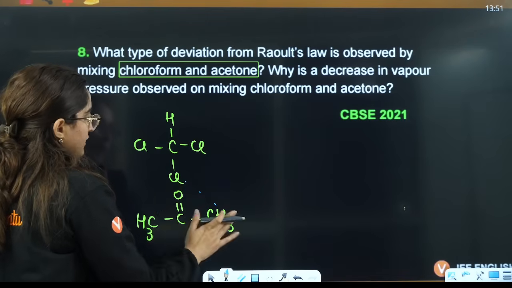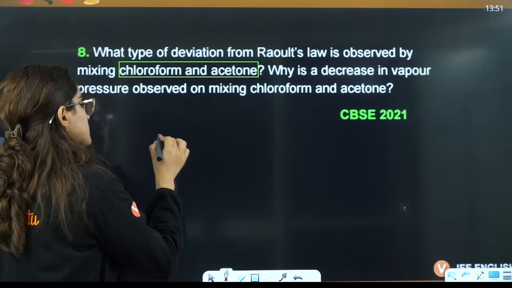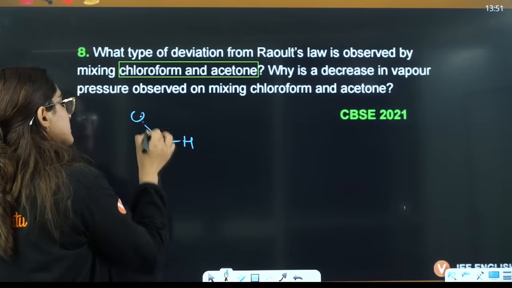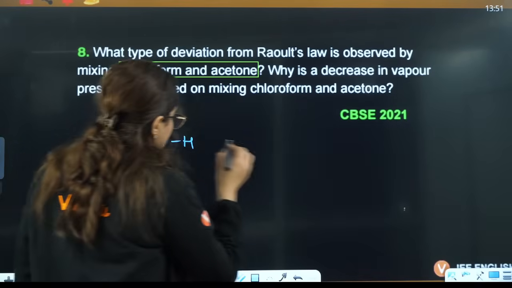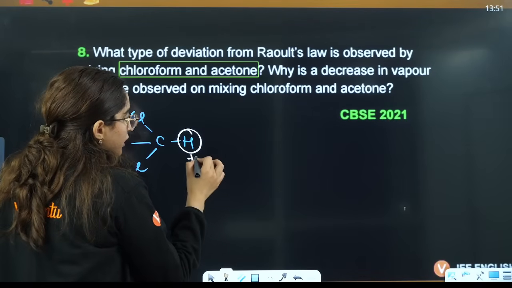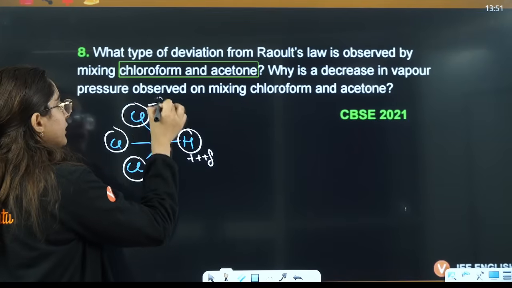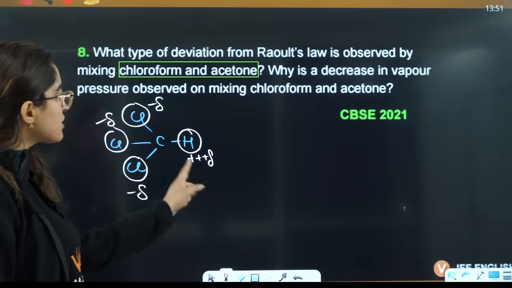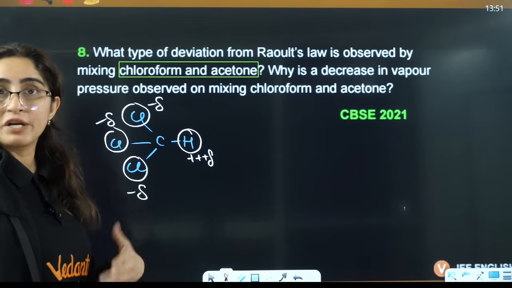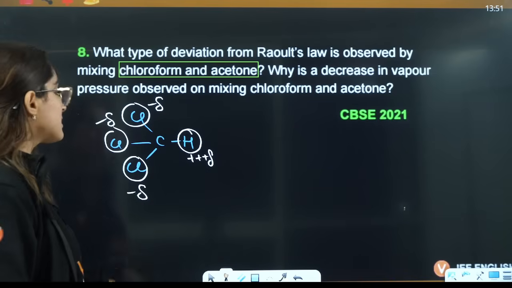See, I'll tell you one thing. Actually, what will happen? This is C. This is H. This is Cl, Cl, Cl. This hydrogen will become highly positive because of 3 Cl connected here. This hydrogen is not directly connected to any electronegative element, but still it will become very highly positive because of 3 Cl here.